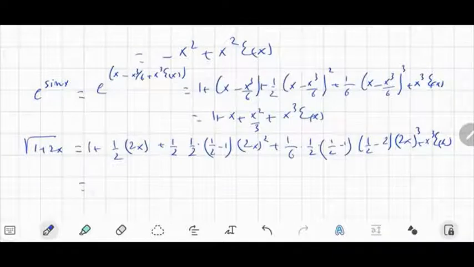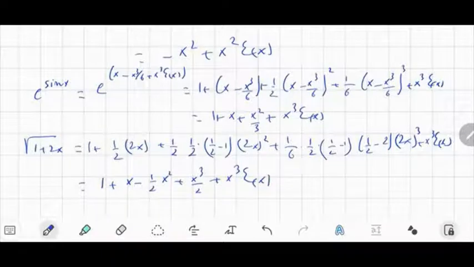This will give 1 plus, we have 2x over 2, it's x, plus for the x2 we have minus 1 over 2 x squared, and plus x3 over 2 plus x3 epsilon of x.